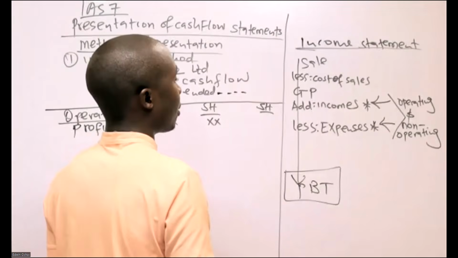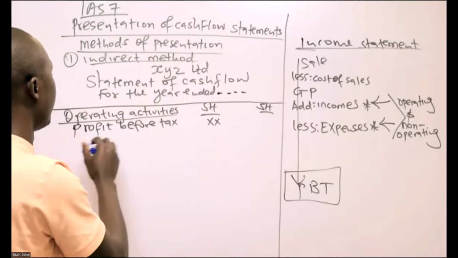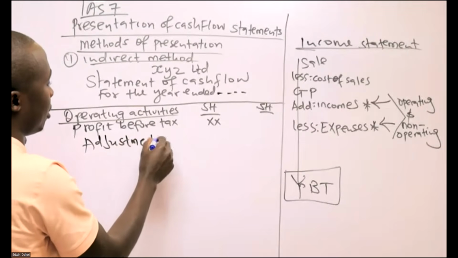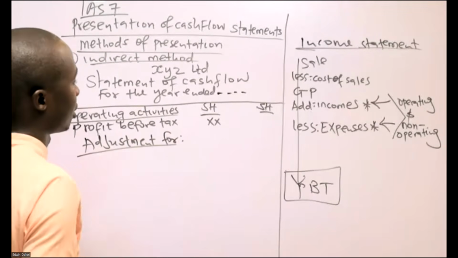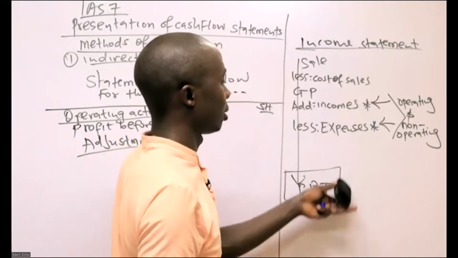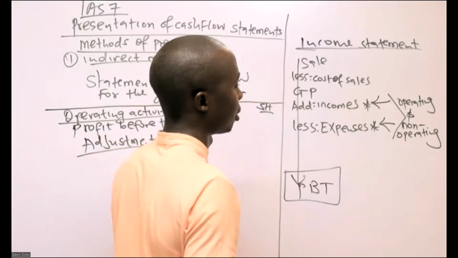In adjusting the profit before tax, there are those expenses or incomes which were considered in order to arrive at the profit before tax, which are non-operating.